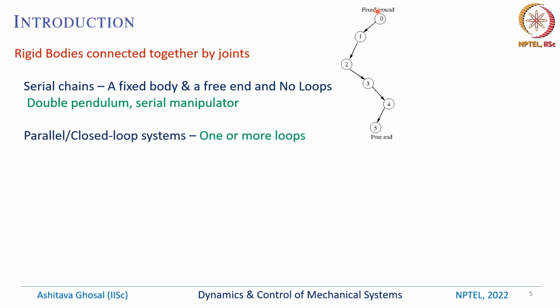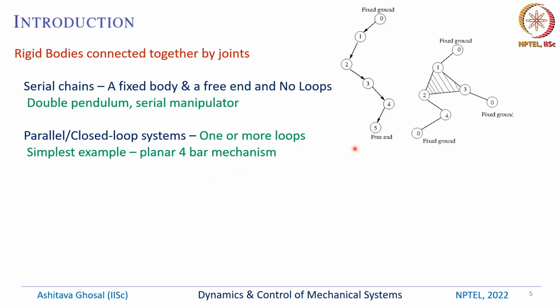On the other hand, we can also have what are called parallel or closed loop systems. This basically has one or more loops, and I will show you an example of an actual physical parallel mechanism in the next slide. But the simplest example is that of a planar 4-bar mechanism. Many of you would have seen a 4-bar mechanism in your undergraduate studies.